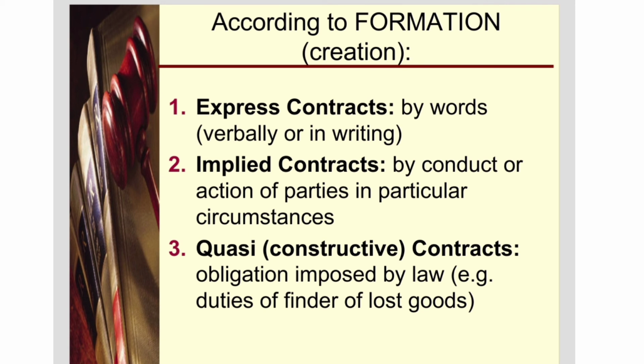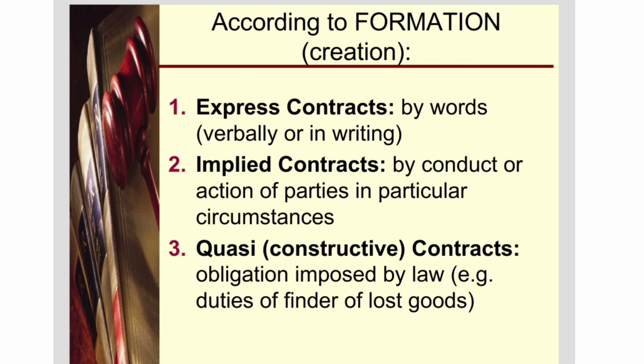So quasi-contracts, just to give one more example before I conclude this lecture, can also be seen in medical emergency situations. So for example, often people who find themselves in accidents are not in a position, maybe they are unconscious at the time that they're being taken to the hospital.